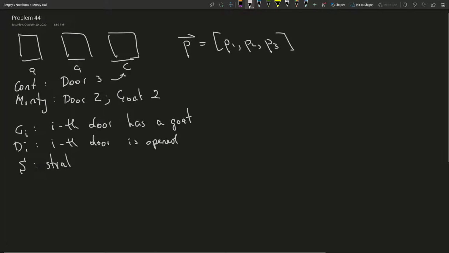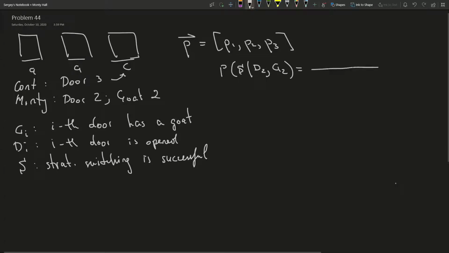So what we'd like to know is what's the probability that the strategy of switching to the remaining door is successful, given that Monty has opened door 2 and revealed the goat behind it.